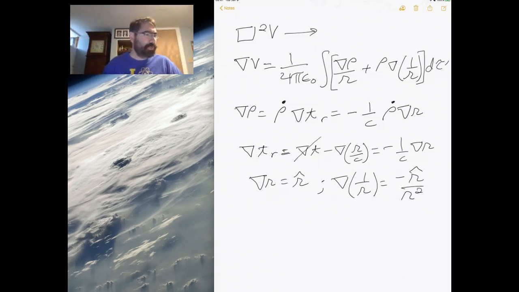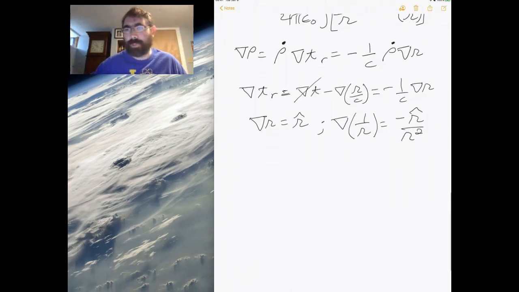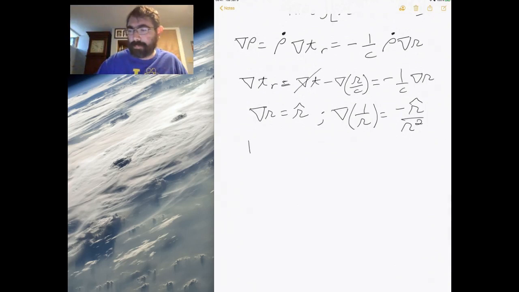Anyway, these relationships can be worked out in problem 13. If you go back and look in chapter 1 at problem number 13, we actually work out some of these things with the gradient of the distance r.